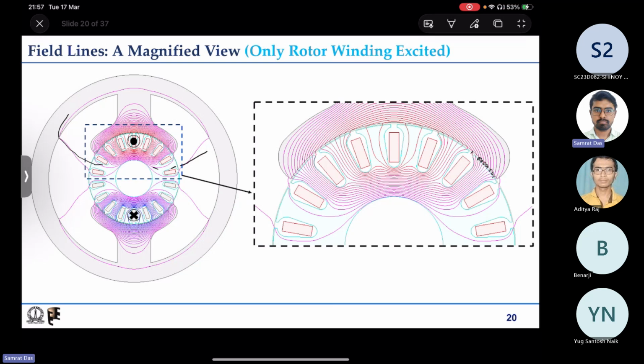Now at the slot opening region it will be something higher than G. It is not very high also, but it is some value significantly higher than G. It will be something like this, some bigger length. Again, when you go to the next teeth, again it is a very small air gap G.